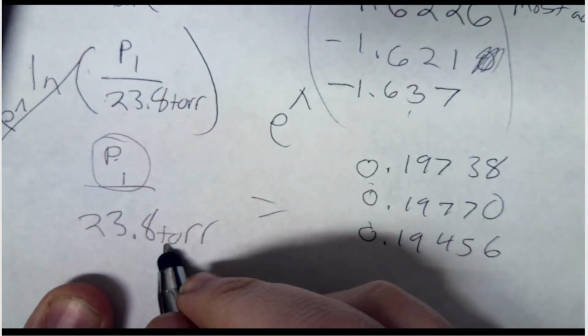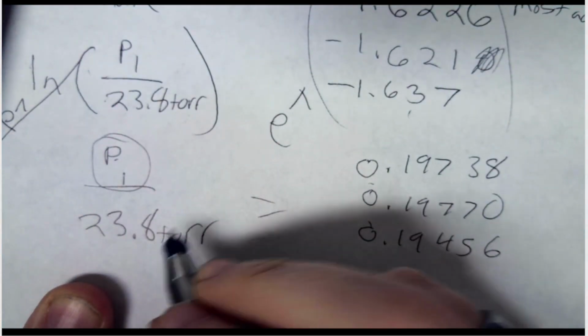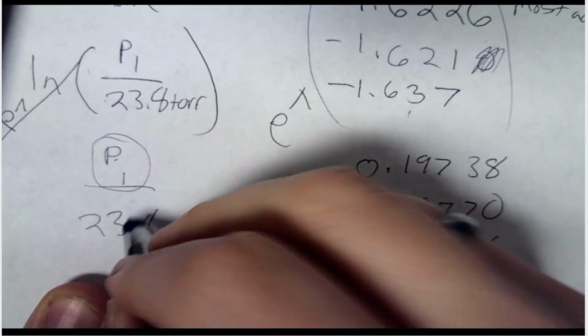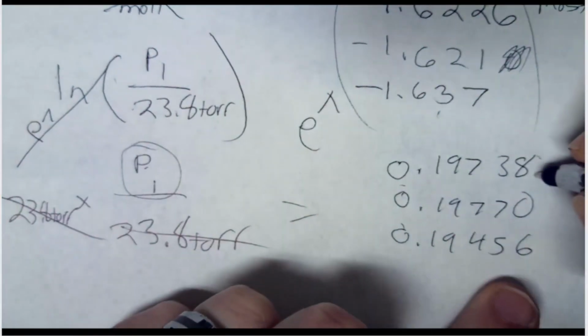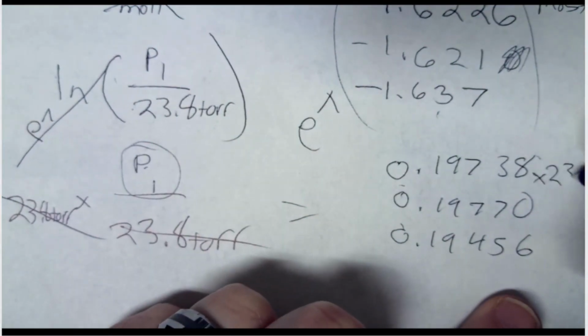We want to know what this is. We have P1 over P2. So to get P1, we have to multiply both sides by P2. 23.8 torr cancels that out. But I also have to multiply this side by 23.8 torr.